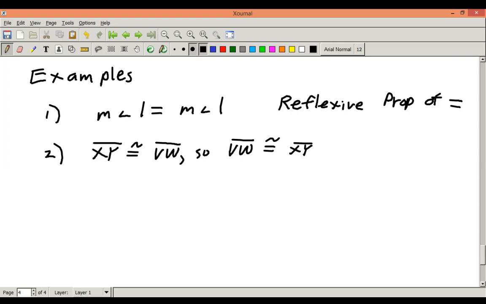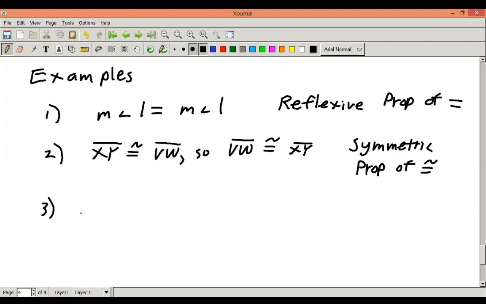So notice that all we did is switch the sides of the congruent symbol, and it is congruent, so it's a symmetric property. The symmetric property of congruence, not equality. Slight difference there.